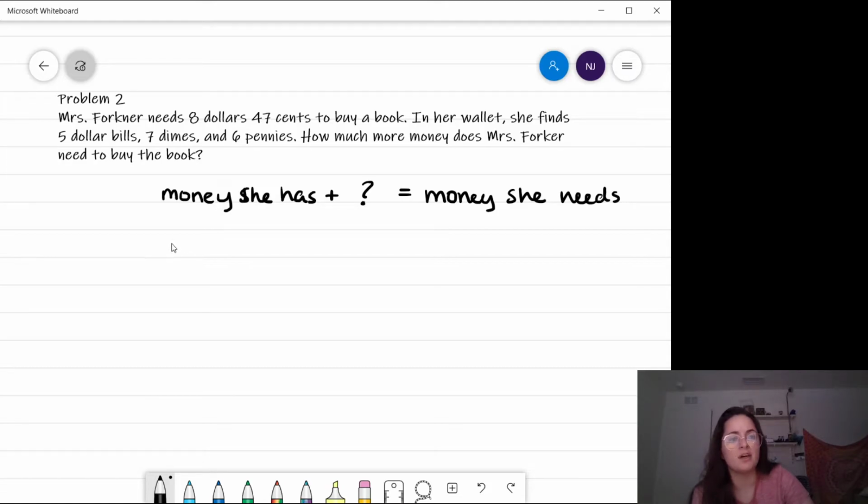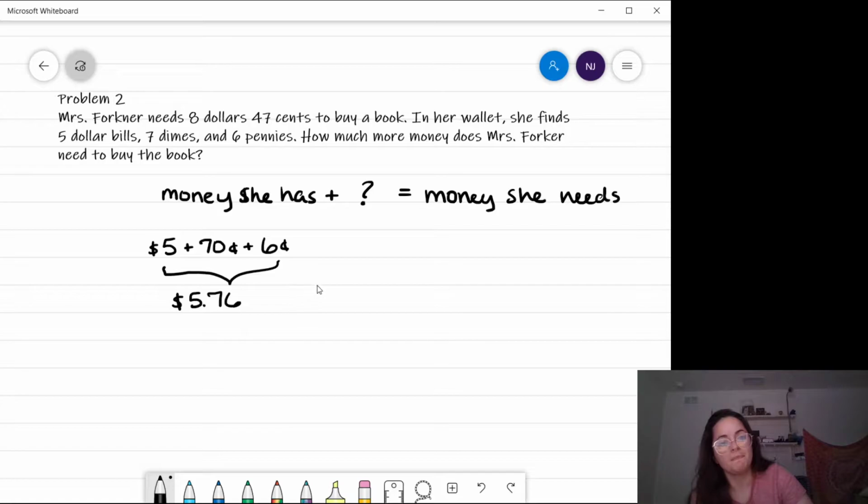Well, she's got $5 bills, so $5 plus 7 dimes, which is 70 cents, plus 6 pennies, which is 6 cents. So all together, that's going to give me $5.76 plus what equals the $8.47 she needs in total.